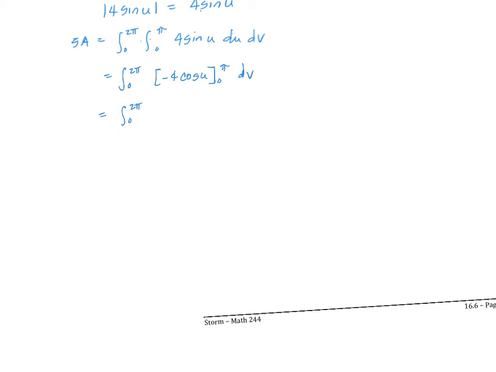Okay, so that's going to be 4 plus 4, so 8. And that's 8v. It looks like it's going to be 16 pi. That's the surface area.